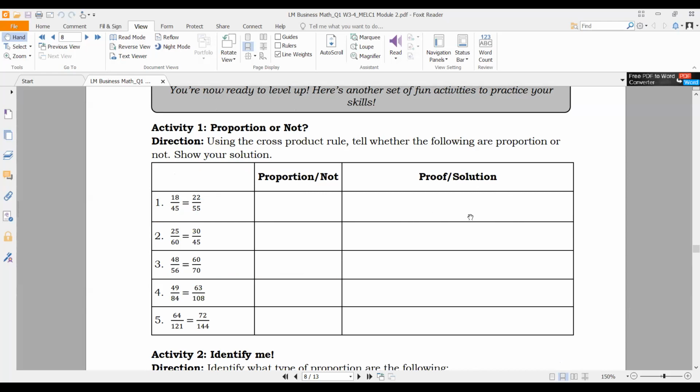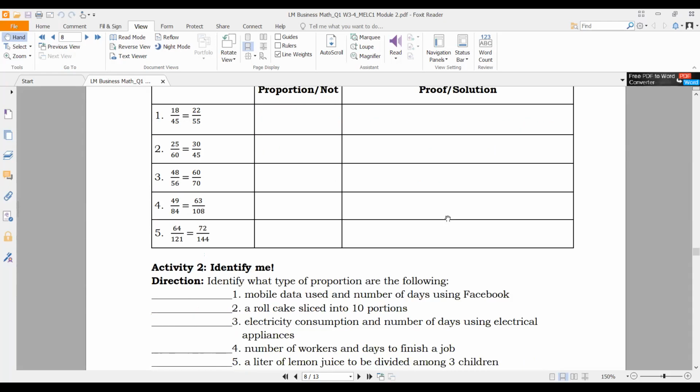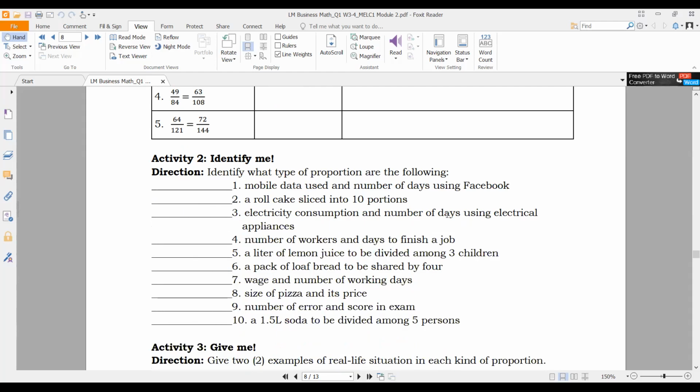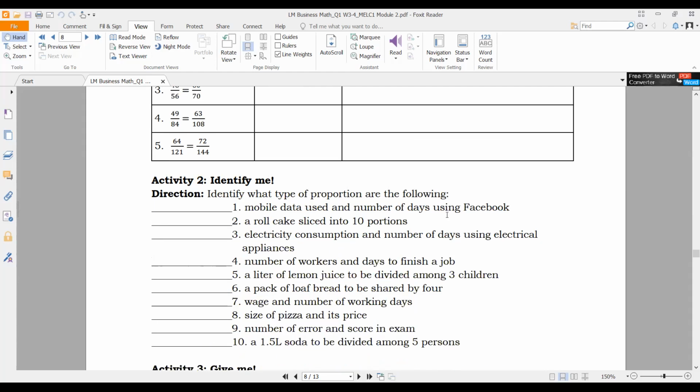So kailangan ko ng solution ha, hindi mo basta sasabihin proportion sila o hindi. Next, number 2 is to identify what kind of proportion. So tatlo lang ang pagpipilian mo: direct proportion, inverse proportion, or partitative proportion. Direct, indirect, or partitative. So that's activity number 2.